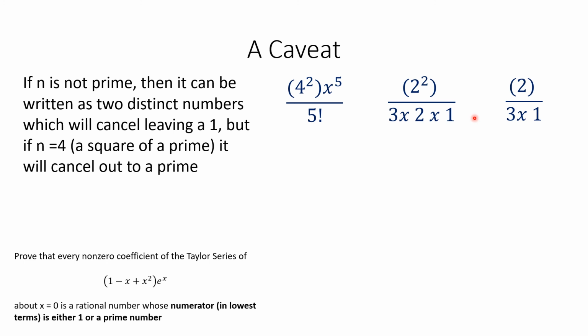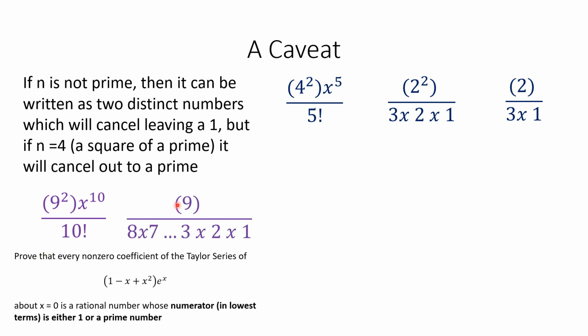But this is actually only a problem when n is equal to 4, or really with 2. Because in any other case, so for example, with this polynomial, the first 9 cancels, and then we can ignore the 10, and we're left with this. 9 is, of course, a square of a prime, 3 squared, and it cancels out with the first 3.